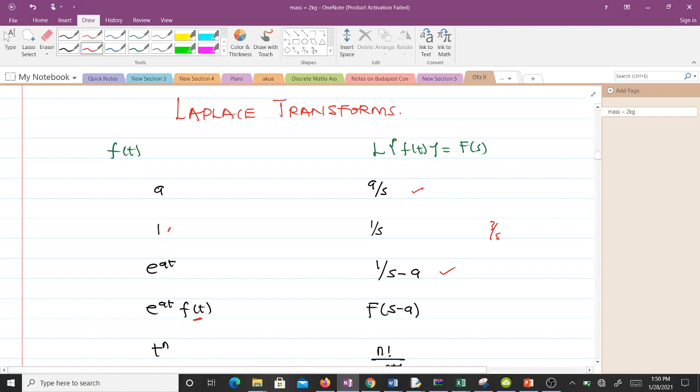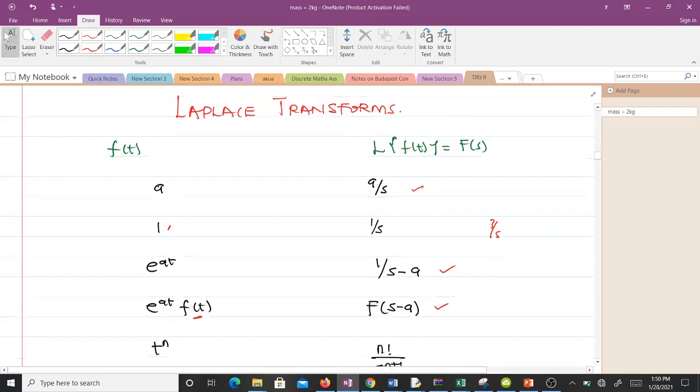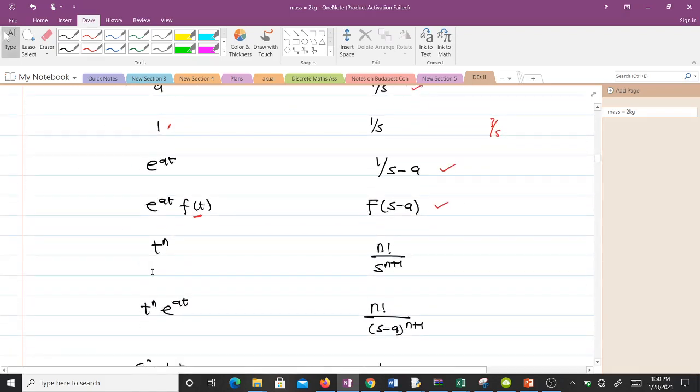So we shift s by a, so we have something like this. Then when you have t to the n, the Laplace is given by n factorial over s to the power n plus 1. So when you have the exponential function attached to it, then you shift the s by a.